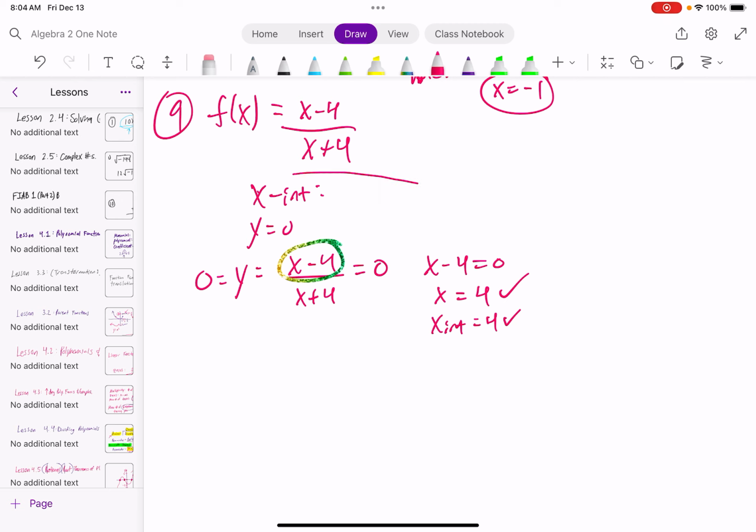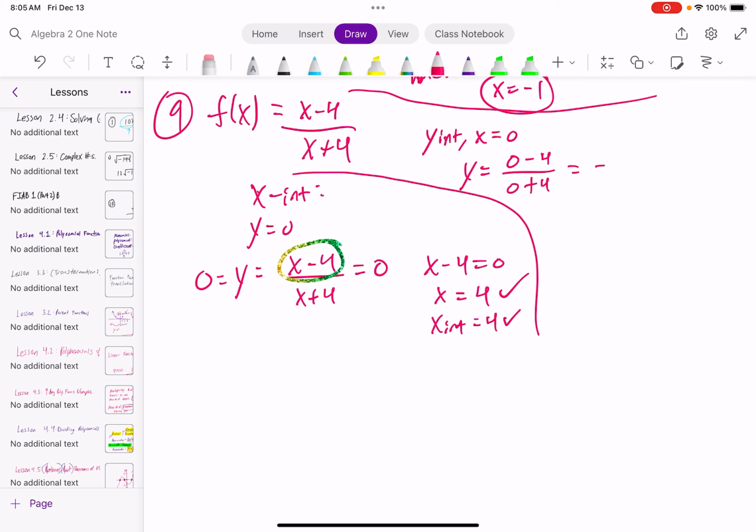All right. Similarly, we could do something like this for this one. Or actually, sorry. The y-intercept happens when x is 0. So y is 0 minus 4 over 0 plus 4, which is -1. So there you have it.